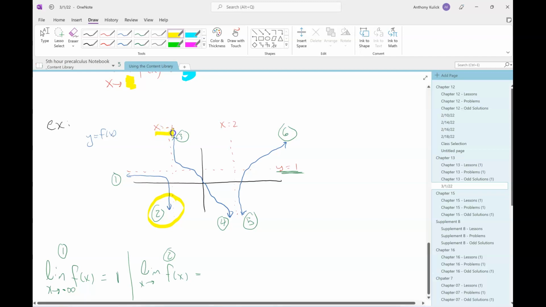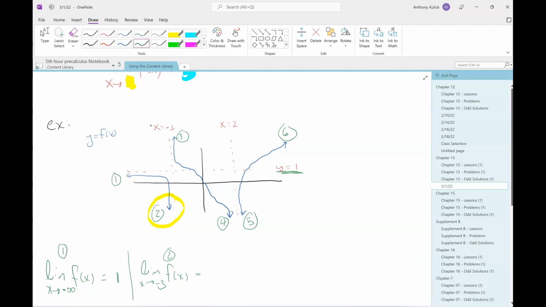So it's stuck heading to -3, which is the value of that vertical asymptote that it's butted up against. Does that feel okay? And because it's pointing straight down, what y-coordinate is it heading to? -infinity.